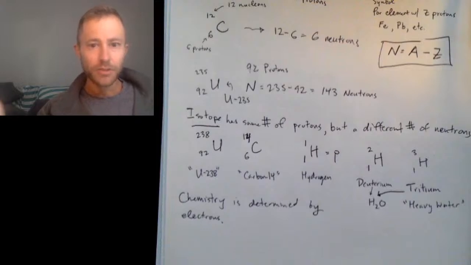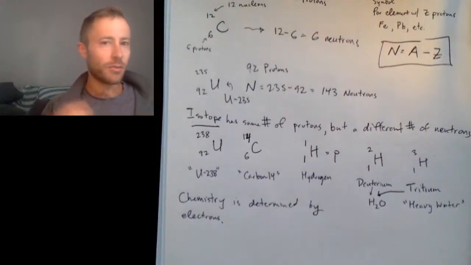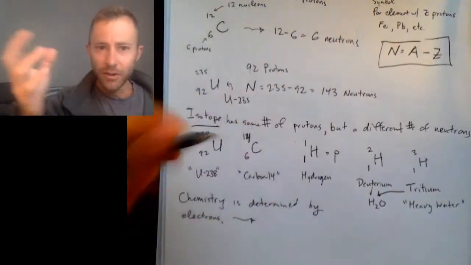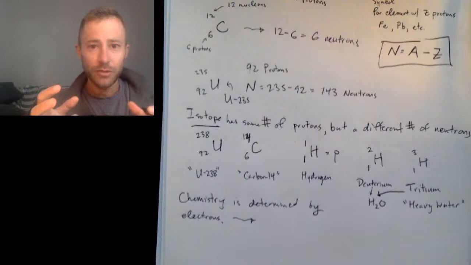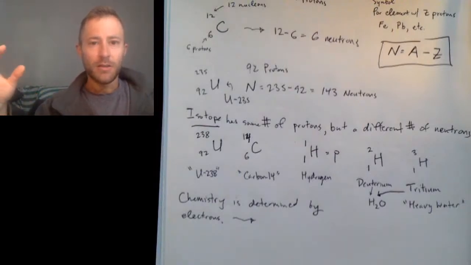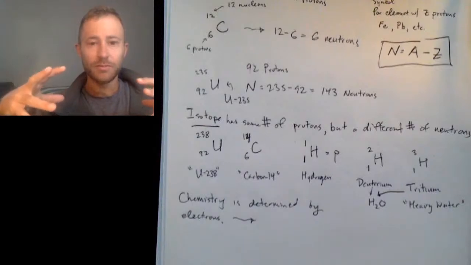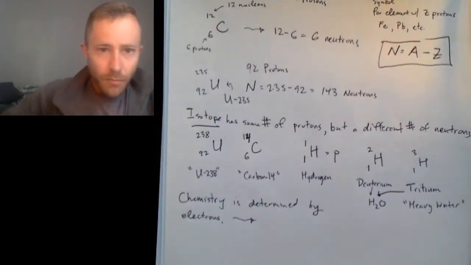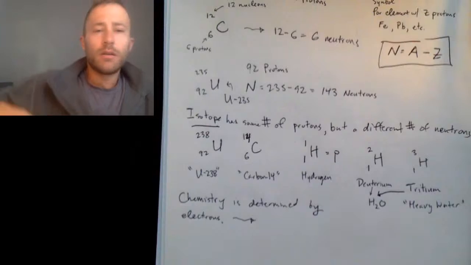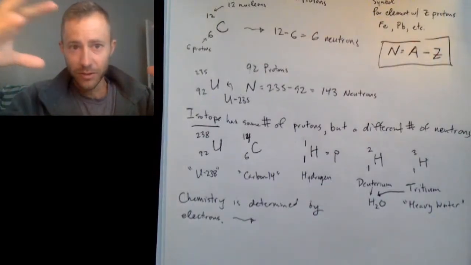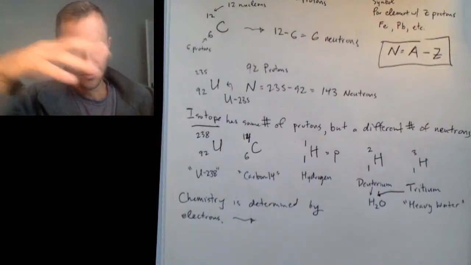So chemistry is determined by electrons. And how many electrons are going to get attracted to a nucleus? Well, electrons are going to get attracted until the number of electrons is equal to the number of protons, okay?